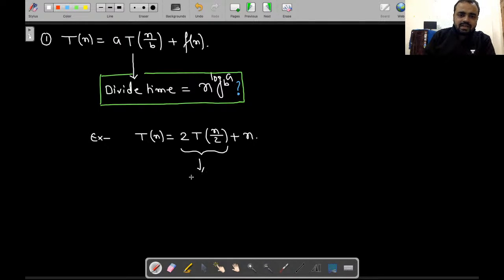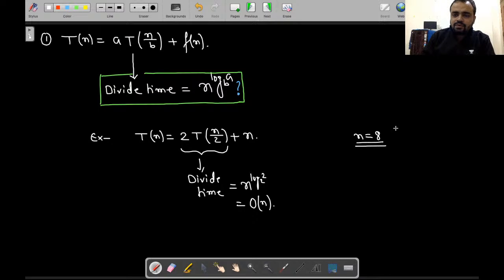This is n to the power log of 2 on the base 2, which implies order of n. To prove this, suppose we consider n equal to 8. Of course, in any algorithm, n is nothing but the input size of your algorithm.